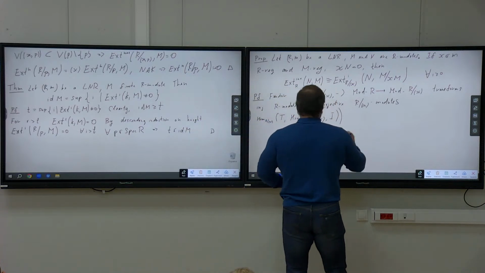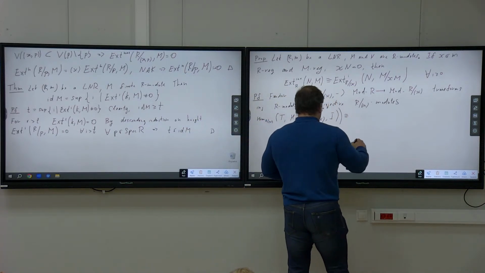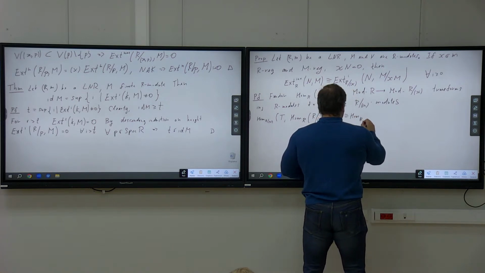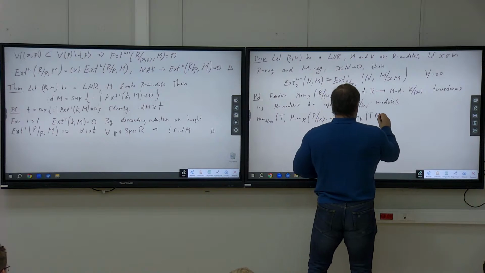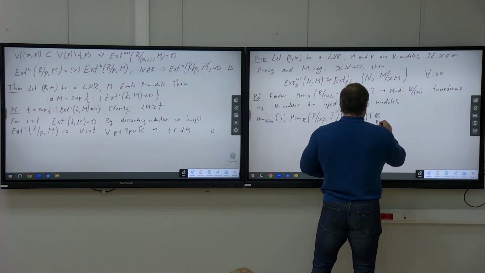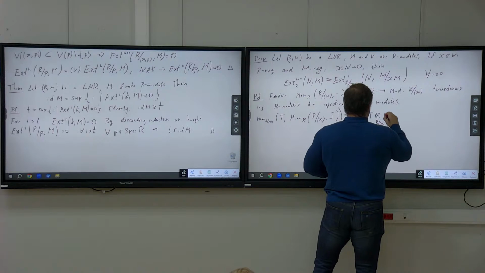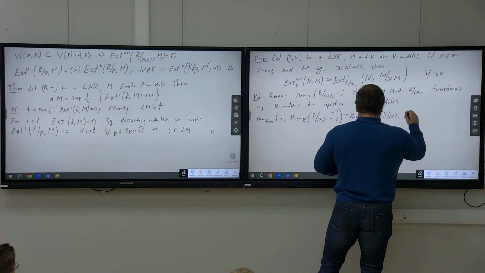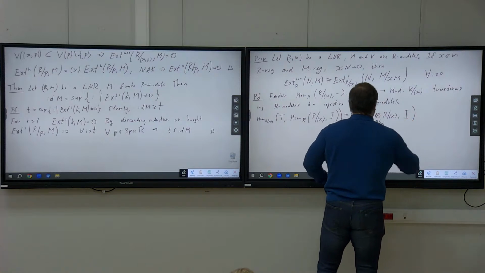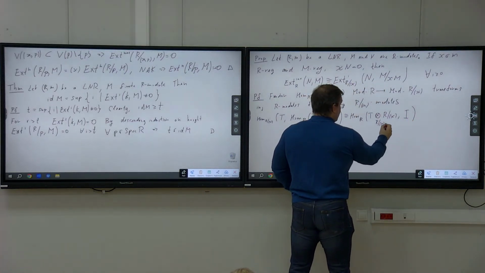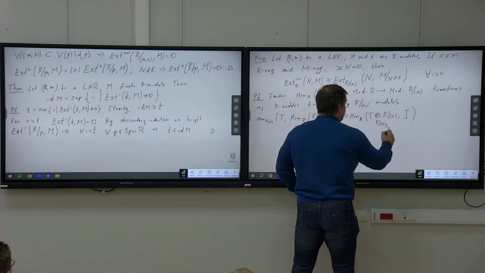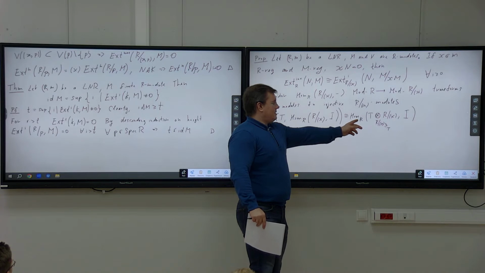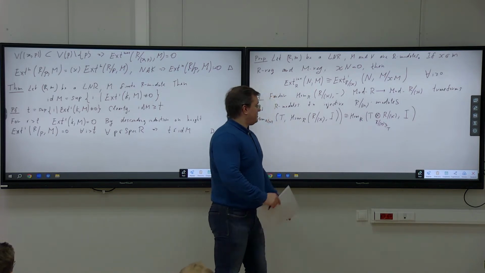But this functor, by the adjunction, is the same as the Hom over R of the test module T, that's the tensor product R modulo x with, into I. Of course, this thing can be identified just with T. But clearly this functor is exact since I is injective.